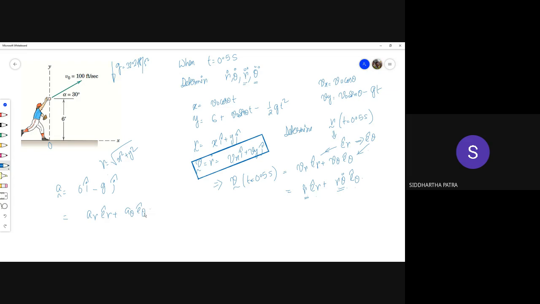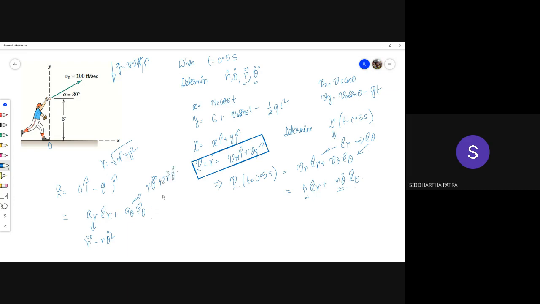Substitute the expressions for ar, er and e theta in these two equations. If you recall, ar is r double dot minus r theta dot squared, and a theta is r theta double dot plus twice r dot theta dot.